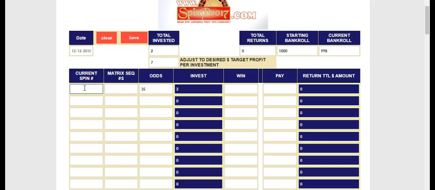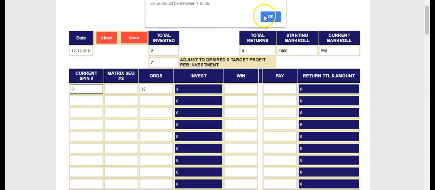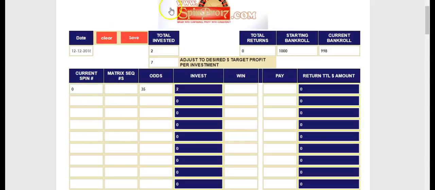Once you put the sequence number, like let's say the number 0 comes, it's not going to show anything. We consider 0 to be a loss. But once you put in the number 1, unfortunately, we're going to have to black these numbers out again for privacy reasons.